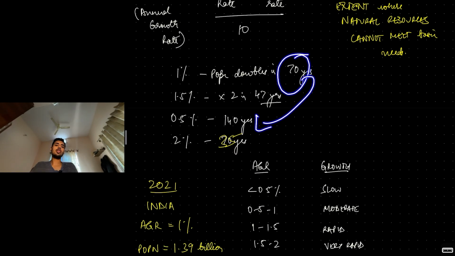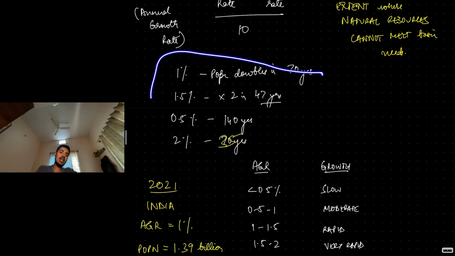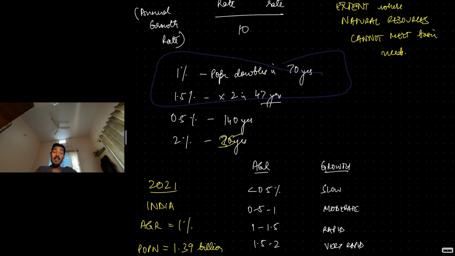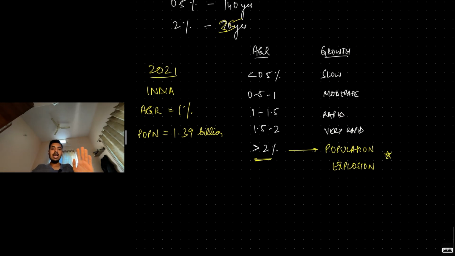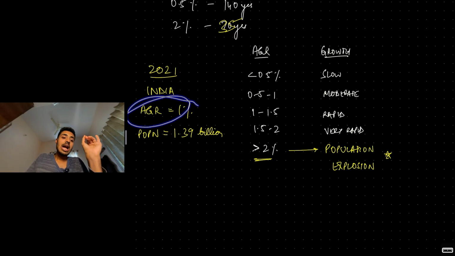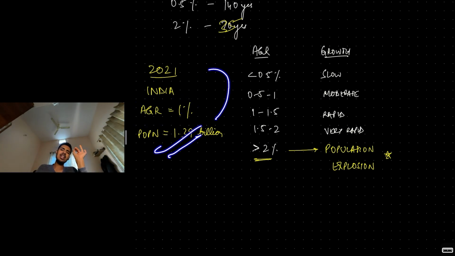Basically, you should remember that if the annual growth rate is 1%, the population doubles in 70 years according to the Malthusian model. In India, the annual growth rate is now at around 1% and the population is 1.39 billion. This is according to the 2021 census. Of course, it's not true. We have way more population. We have overtaken China.